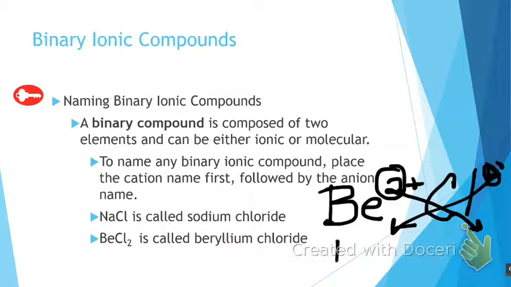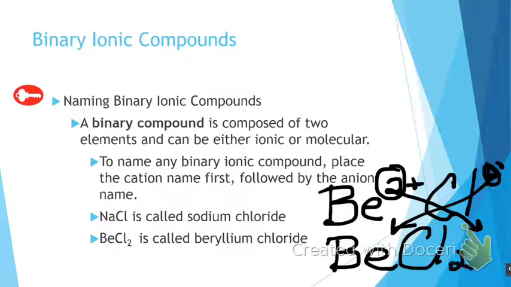We can write our formula BeCl2. This is a lot quicker than drawing electron dots, but it still comes up with the same thing. The octet rule is satisfied. We're making a neutral compound. The charge on that compound is 0.